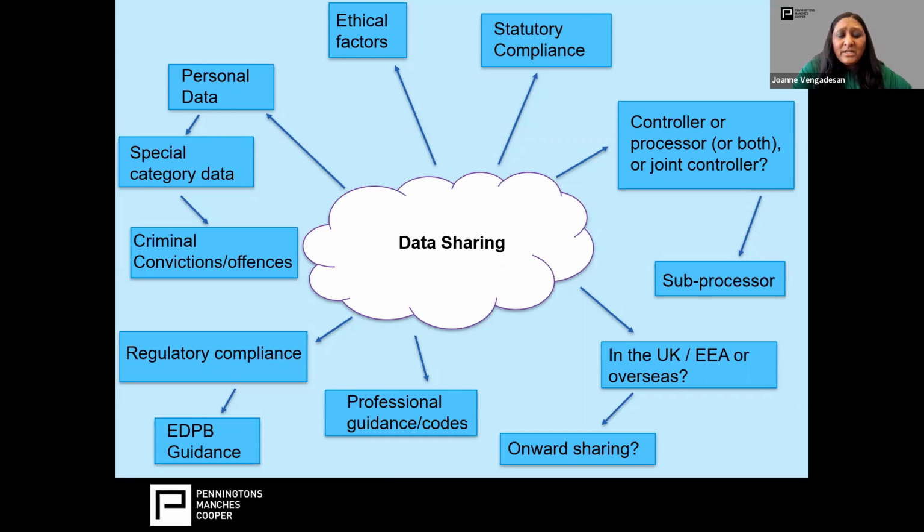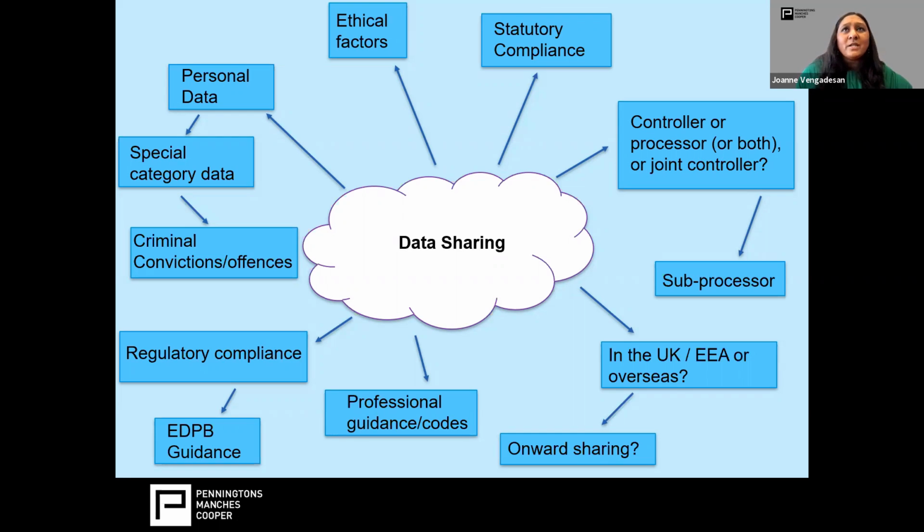Here, we really need to look at the decision-making role that that party has in relation to the data. Are they using that data for their own purposes, or are they using it purely for the purposes of the other party? In this regard, the ICO has got quite useful checklists to help you work out whether you are a controller or a processor, because it can be difficult to tell depending on what you're doing.